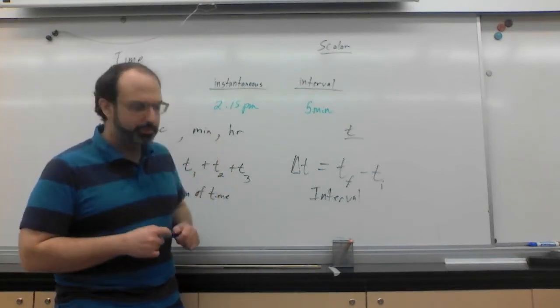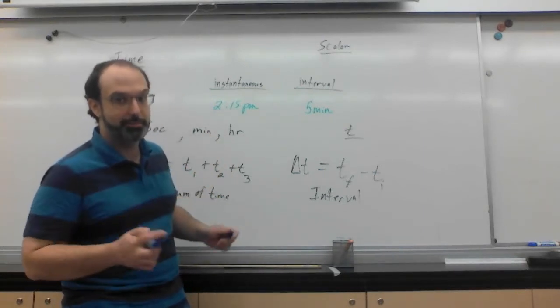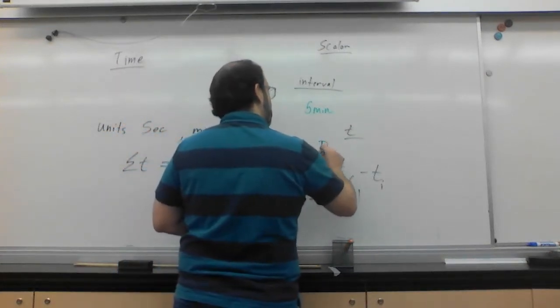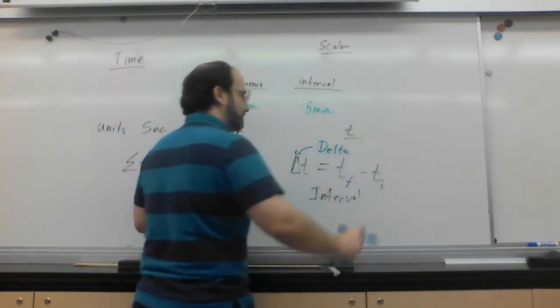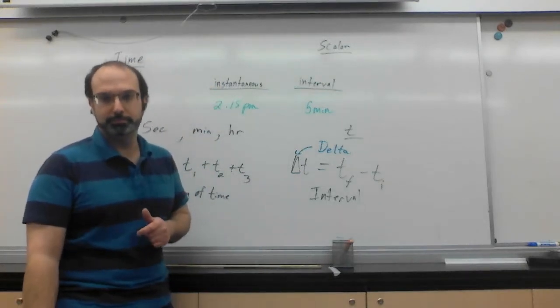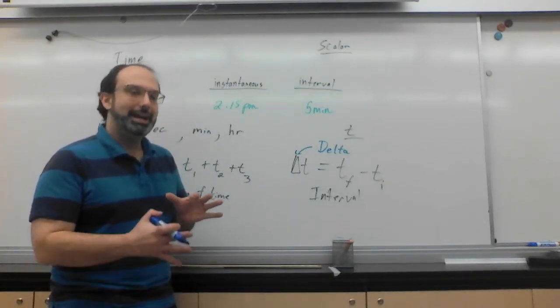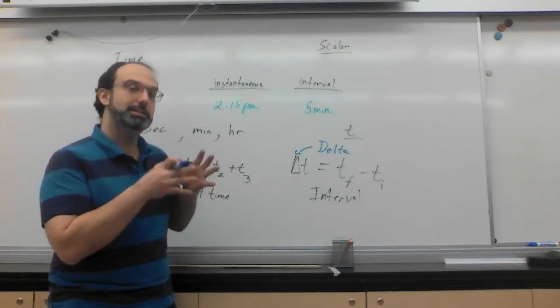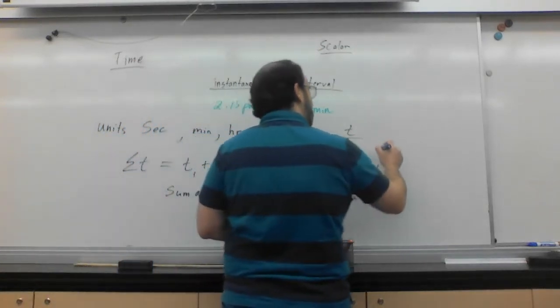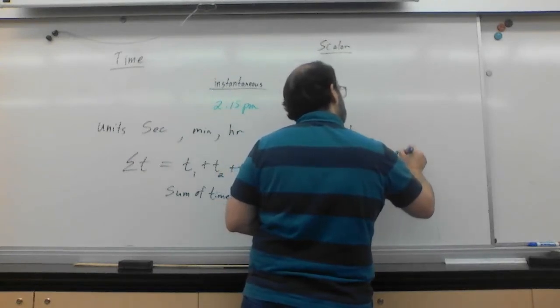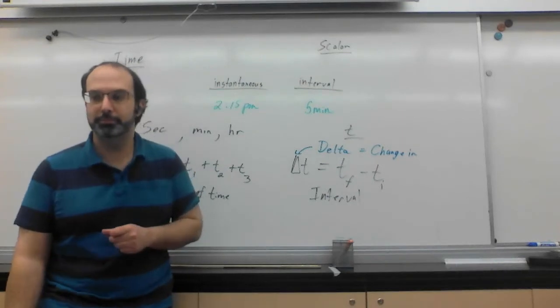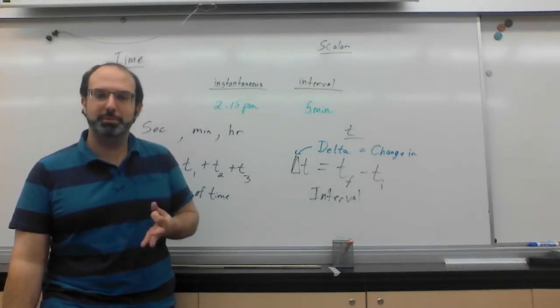It's a holdover from math because it turns out that physicists like math too. This triangle is called delta. Delta has a meaning. Just like sigma means sum, delta means change in. So what do we mean by change in?